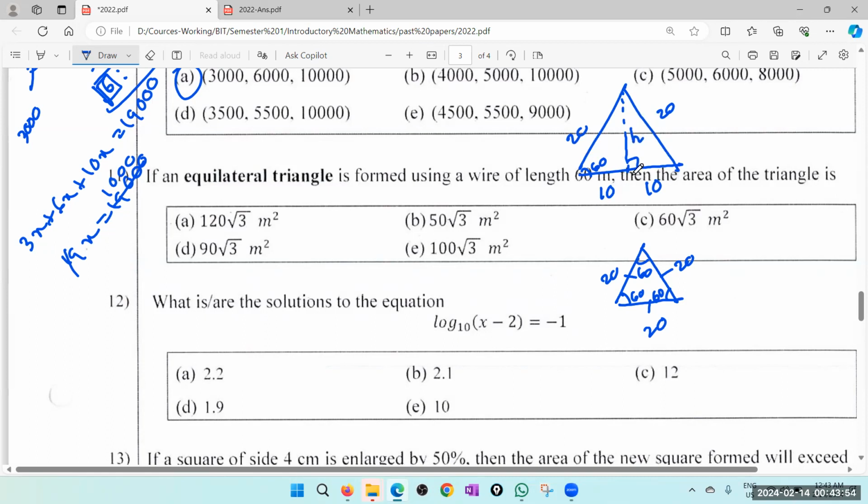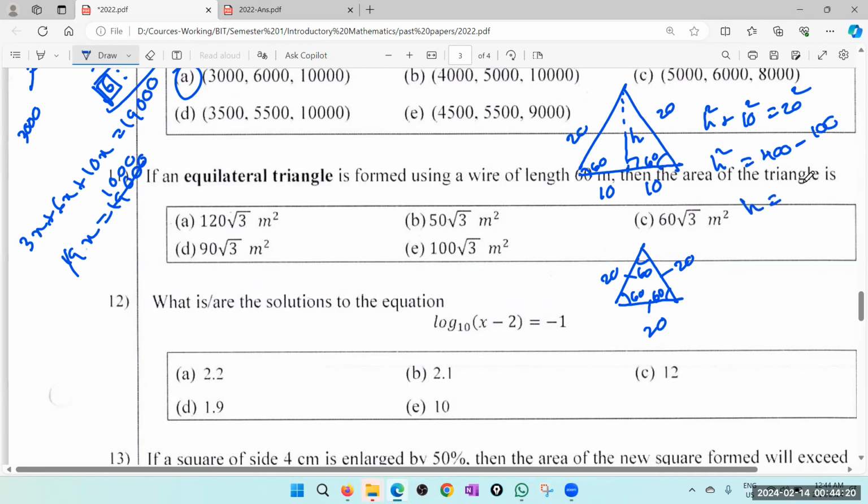For that, I can use trigonometry because this angle is also 60, or I can use the Pythagoras theorem also. Okay, let's use the Pythagoras theorem. Then h squared plus 10 squared equals 20 squared. So h squared equals 400 minus 100, which is 300.